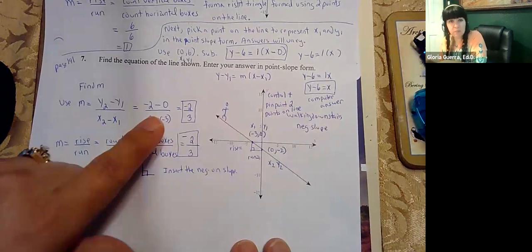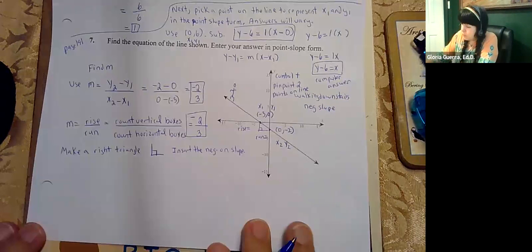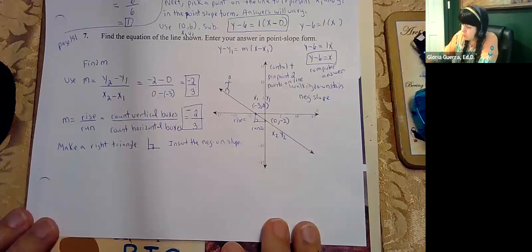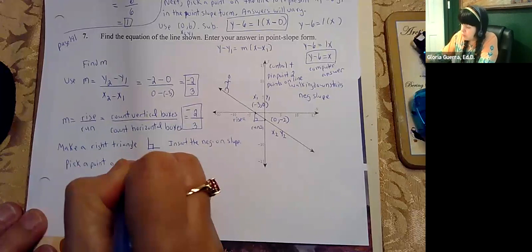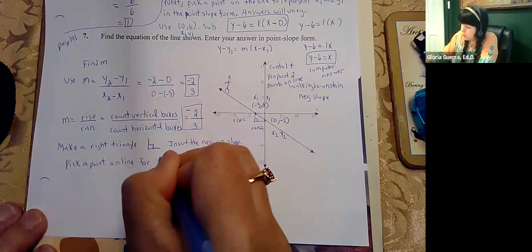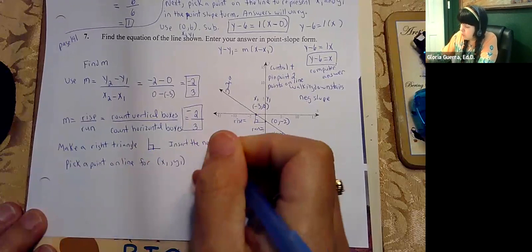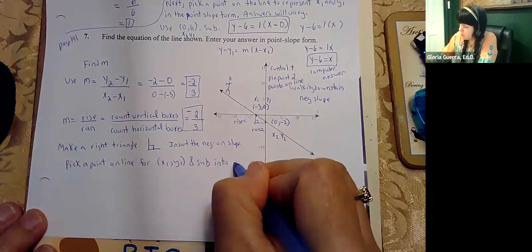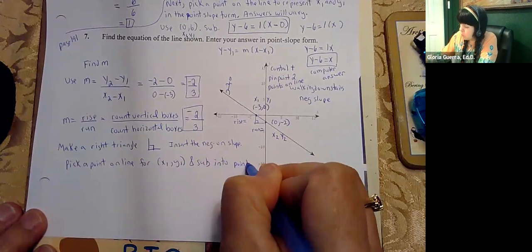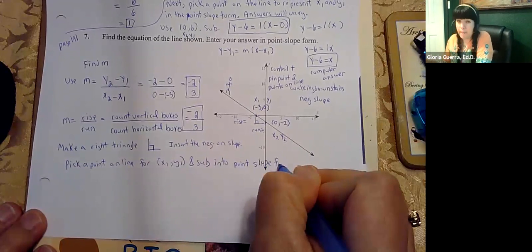Okay, then you're gonna pick a point on the line for the x1, y1, and you're gonna sub into the point slope form.